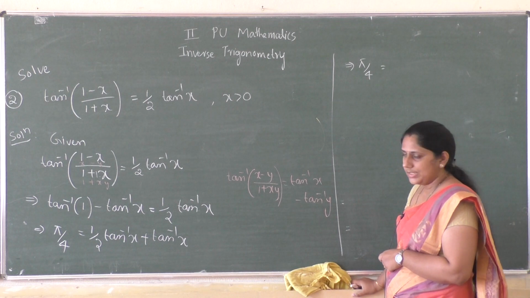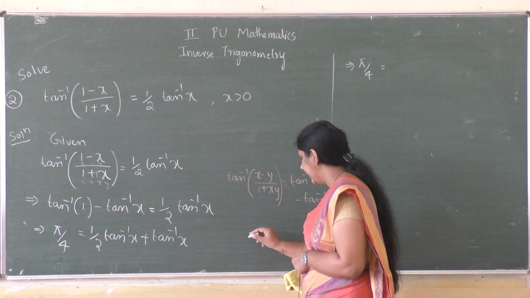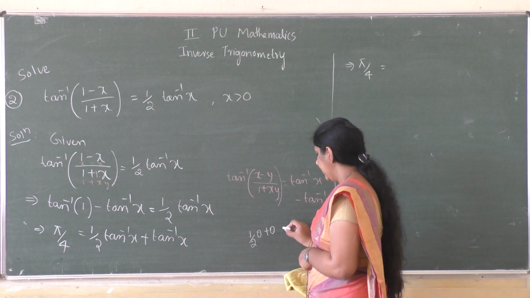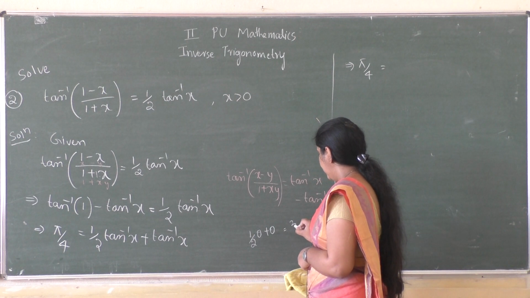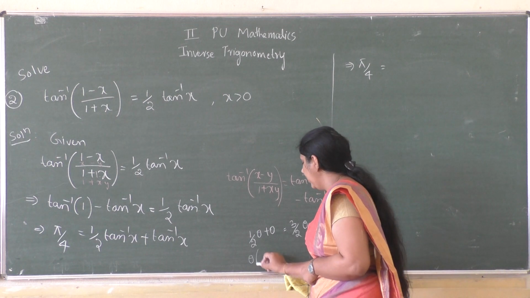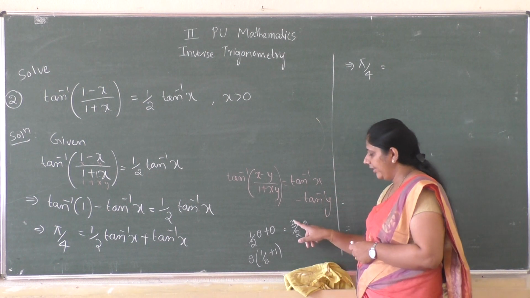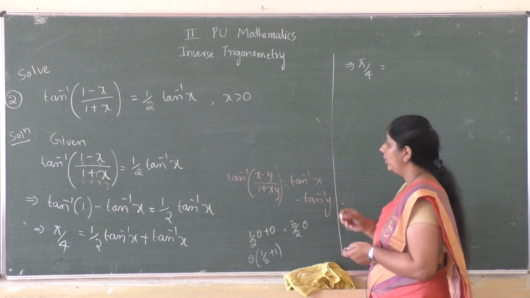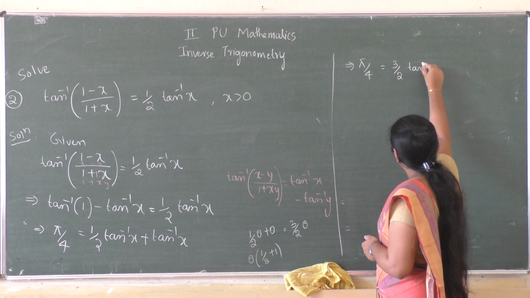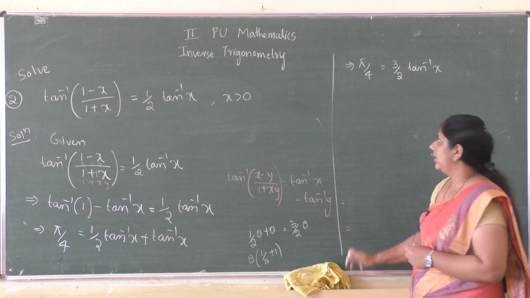Half tan inverse x plus tan inverse x. That is, if I have a term like half theta plus theta, then it is 3 by 2 theta, right? See here, if I take theta common, it is half plus 1. After simplifying, we will get 3 by 2. So pi by 4 will be equal to 3 by 2 tan inverse x.